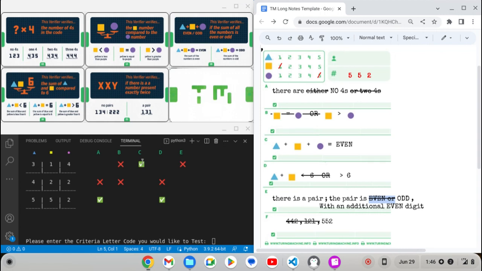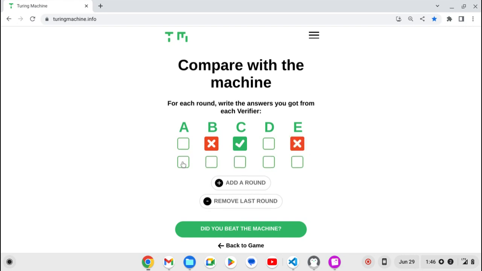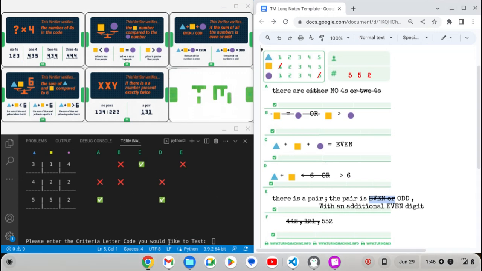So let's see, what did we do? We did B, C, E, and then A, B, D. And the only one correct was C for that one. So B, C, E, and then A was wrong, D was wrong, and I don't quite remember if I did B or C. It was A, D, and B that was wrong, and then A, D in the last turn, and they were correct.